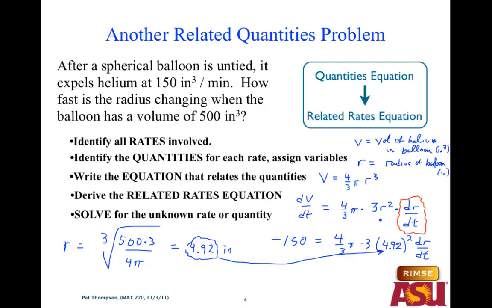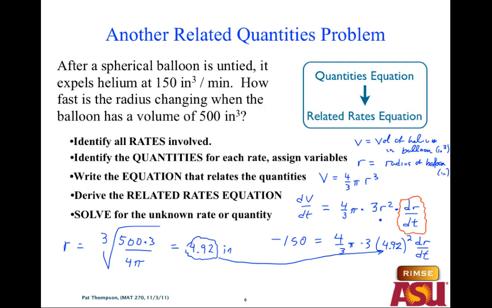But I think we have enough precision there to get a good approximation of dr/dt. But if we really want to be technical, we could put that cube root expression in here and round at the very end. Maybe that's better, but this will be easier for now, a little quicker.